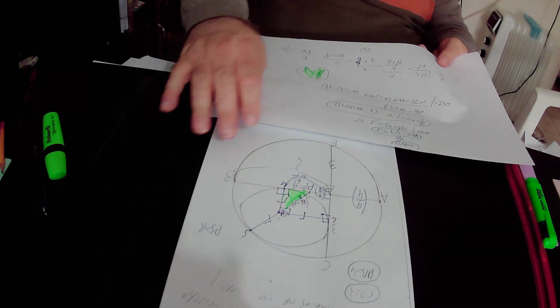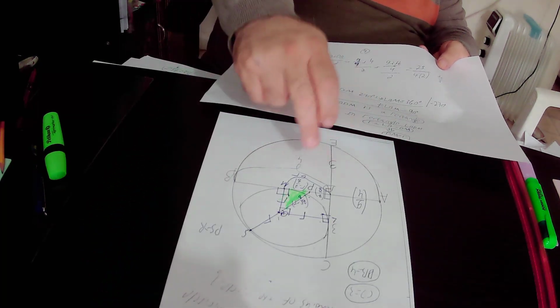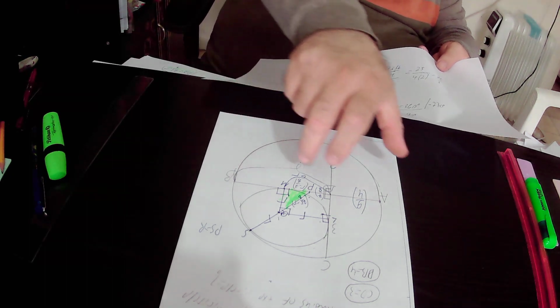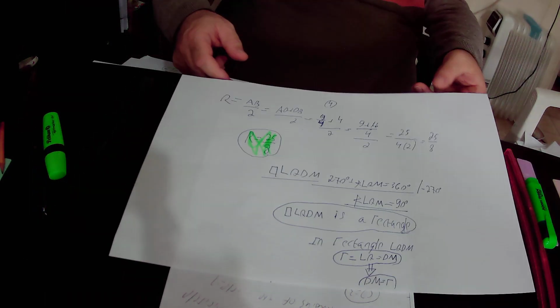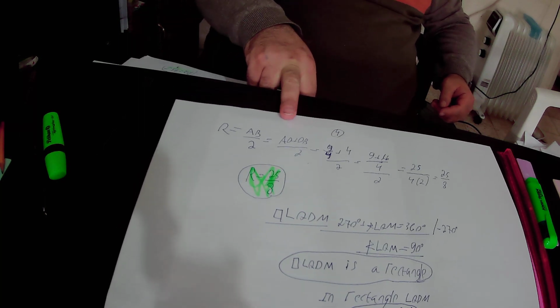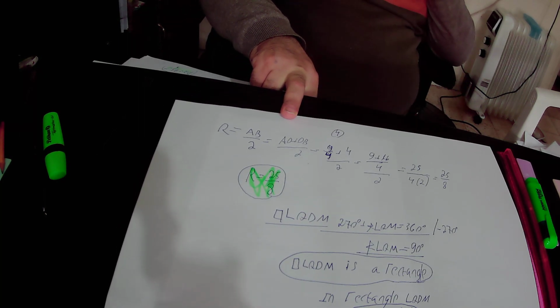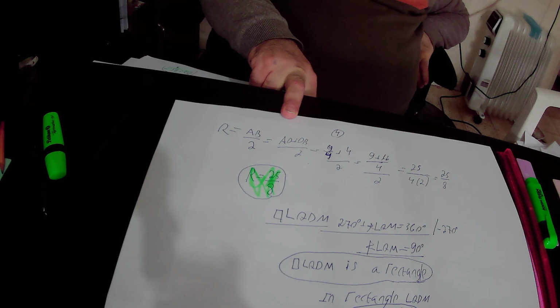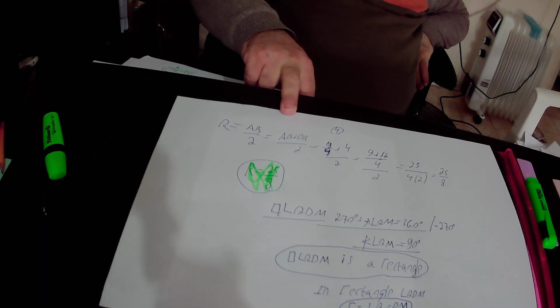From the drawing it is easy to see that AB equals AD plus DB. Again, AB equals AD plus DB. We have already found out that AD equals 9 over 4. Okay?